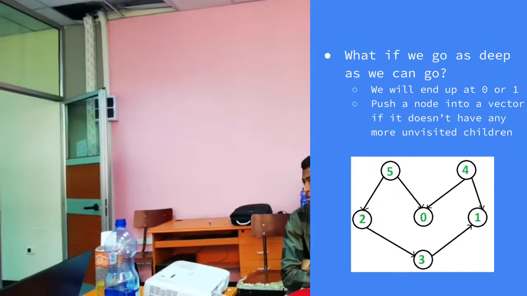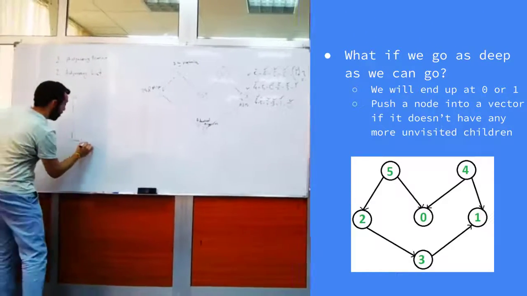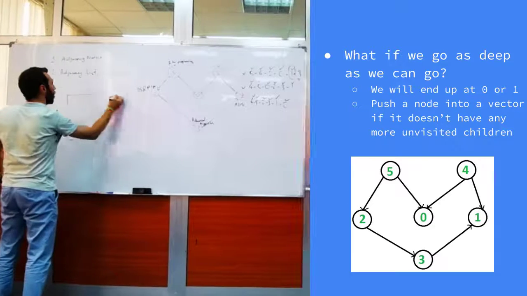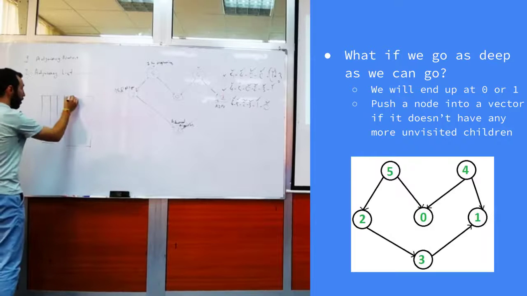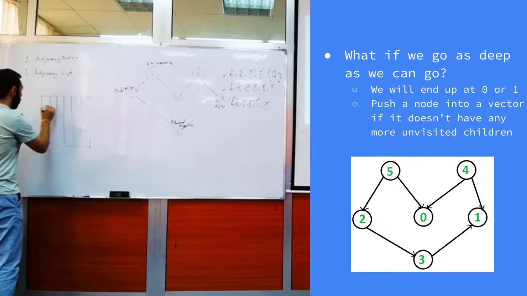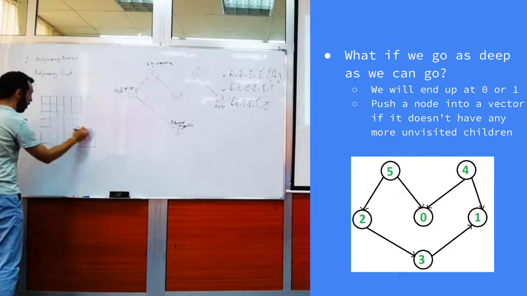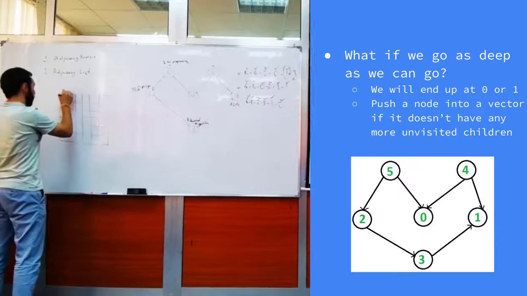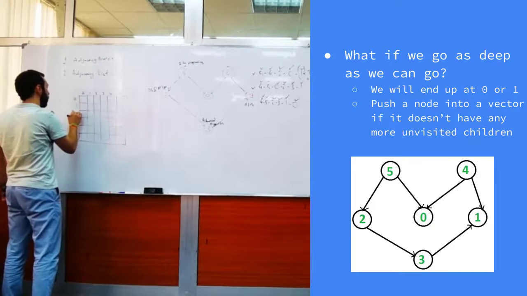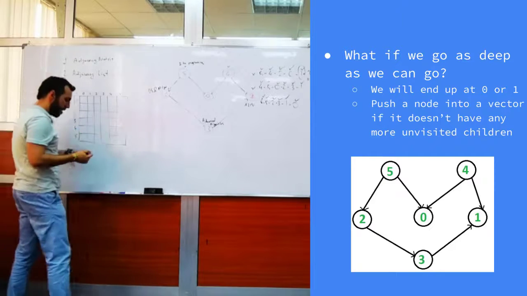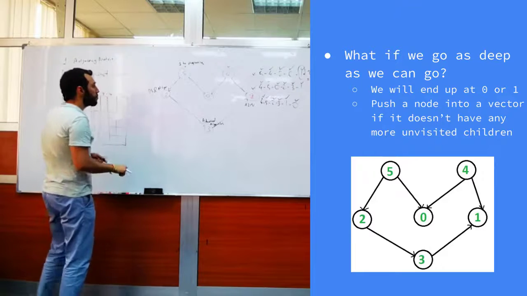Okay, let me actually fill it up for this graph so it's going to be easier to execute. We can only indicate once, and this is a directed graph. So let's see.